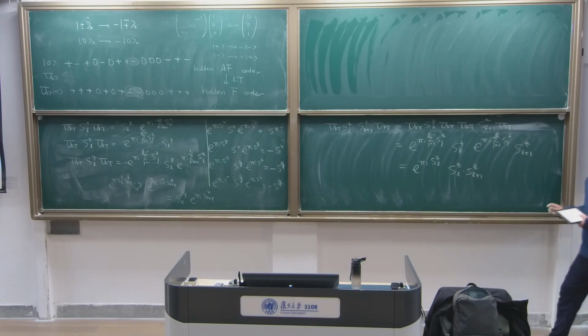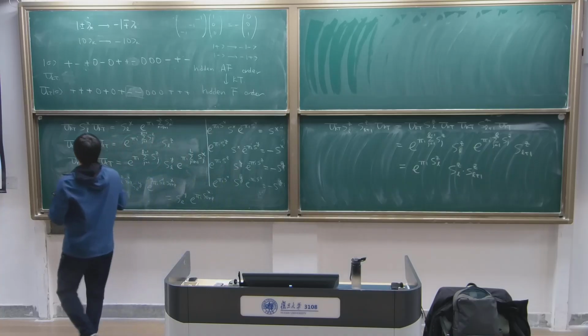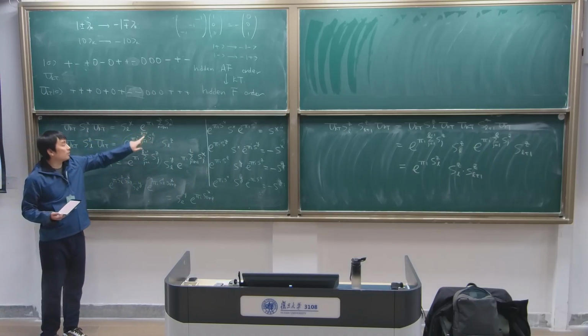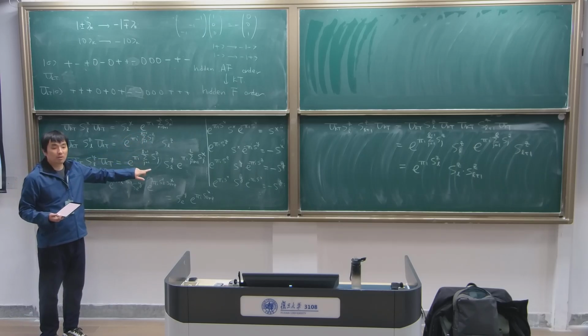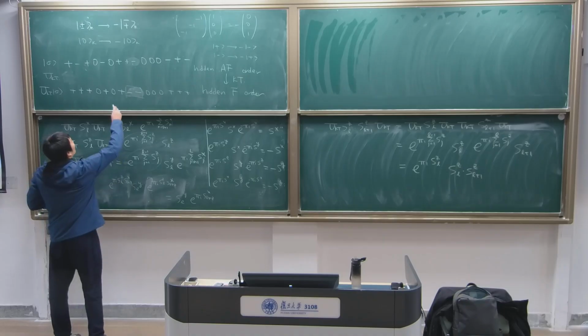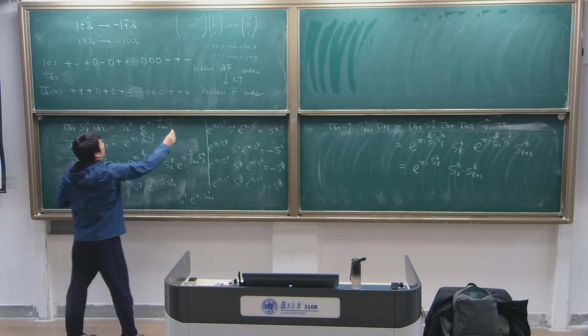Now, even though for the Kennedy-Tasaki transformation of a single spin operator you have a non-local term, like it's here, you have a string.